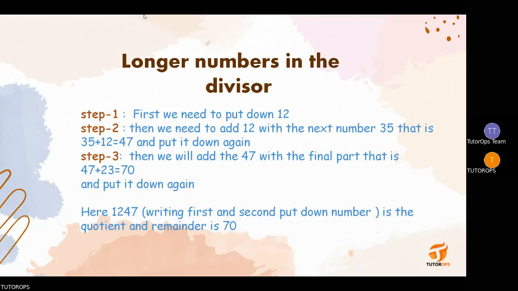We will generate the quotient just by seeing the method, because the quotient here will be the first part followed by the second part. Here the first part was 12 and the second part was 47. So how much will be the quotient? That will be 1247. Now let me explain the thing with another example also.